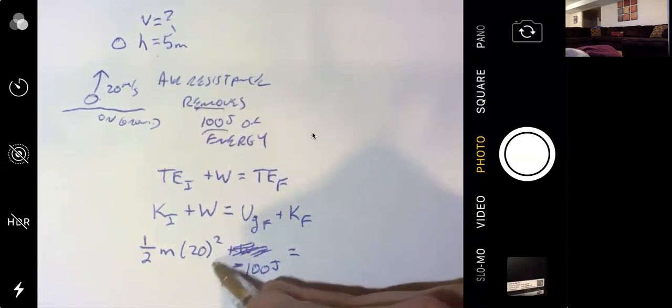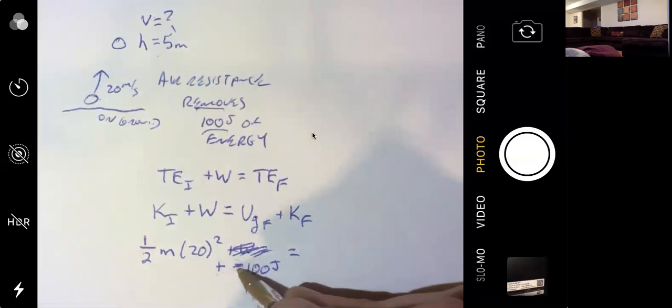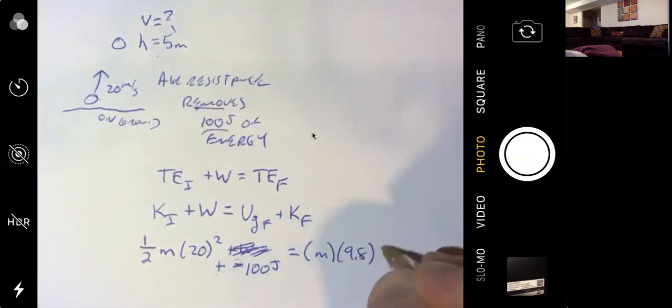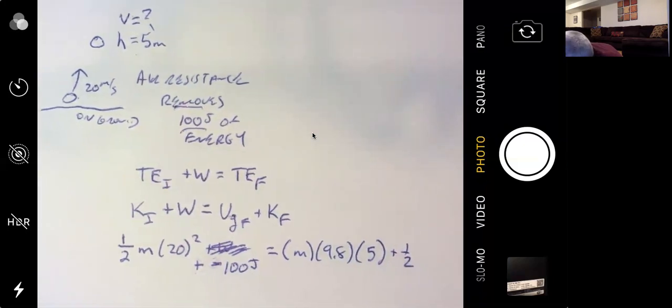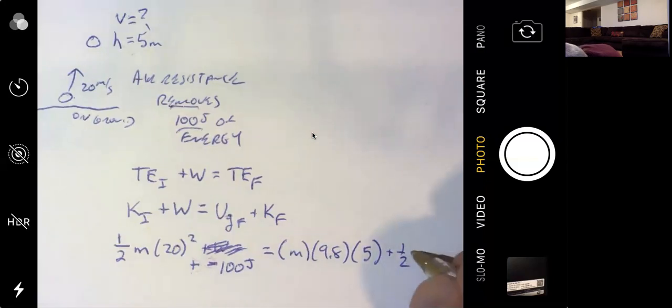That's okay. But I just always like to keep that plus sign because this shows me, hey, this is a loss. And then I'm going to go ahead and do m times g times h, height of 5 meters, because I'm doing potential energy, plus 1/2 m times v squared.